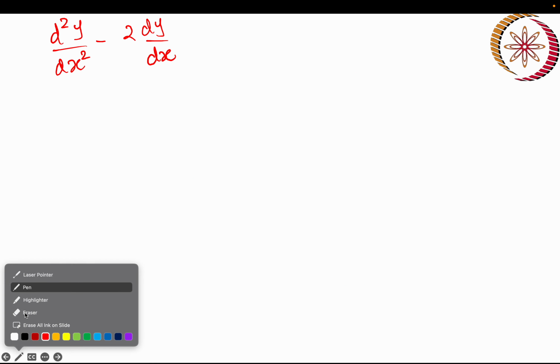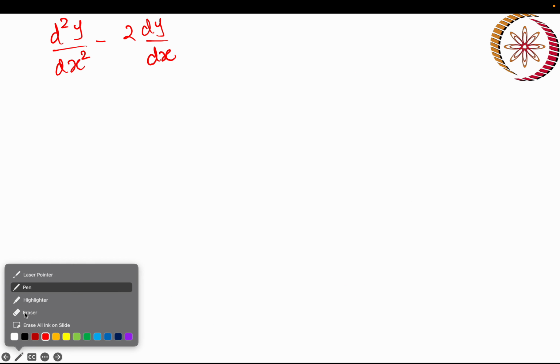Okay, so we can see that now it is pretty straightforward, at least the form looks simple. So we'll use the notation where d by dz will be denoted by d, and solve this.